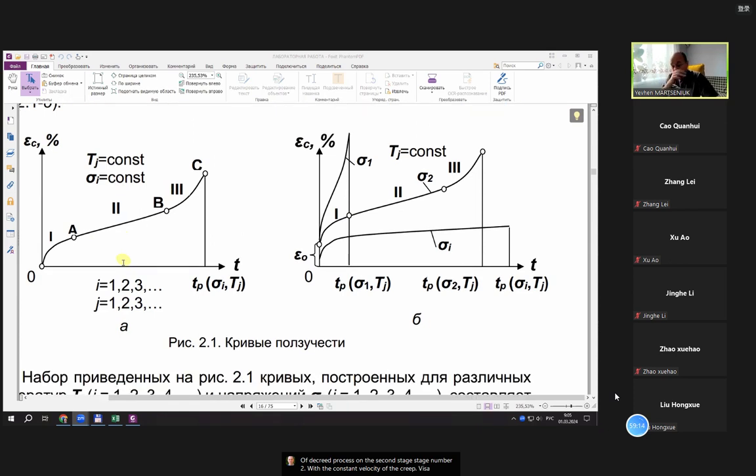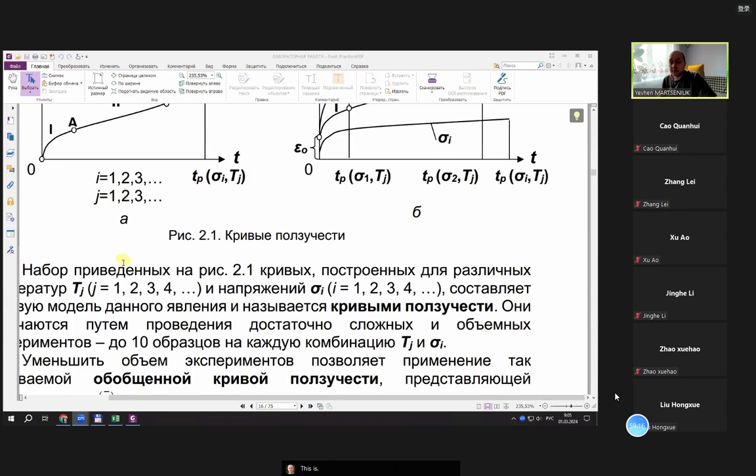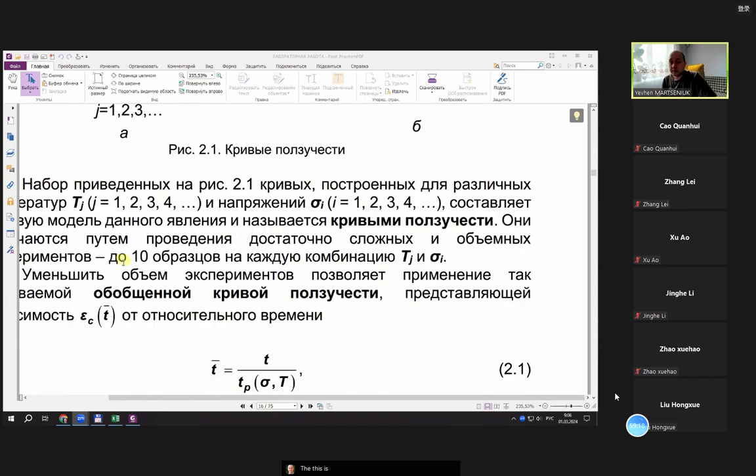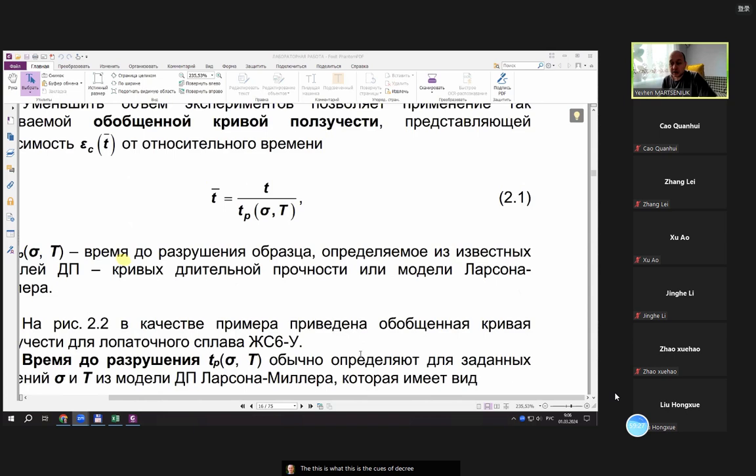These are the curves of the creep represented in relative time, like actual time divided by time to fracture.